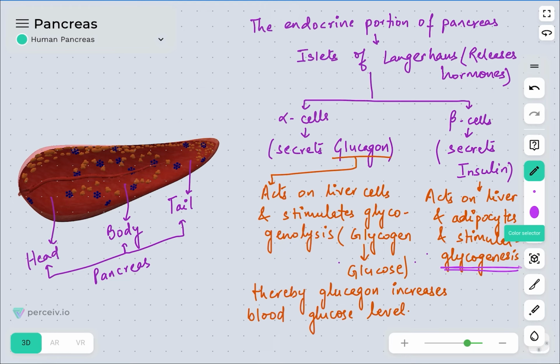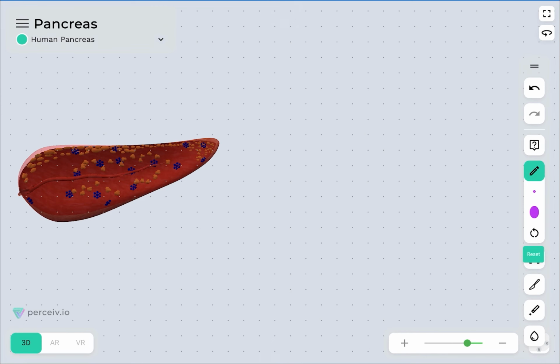But in case of glucagon, it is responsible for glycogenolysis, so it will increase the blood glucose level. So if I write it down again: glucagon here and insulin here. Glucagon is responsible for glycogenolysis, and it will promote gluconeogenesis.